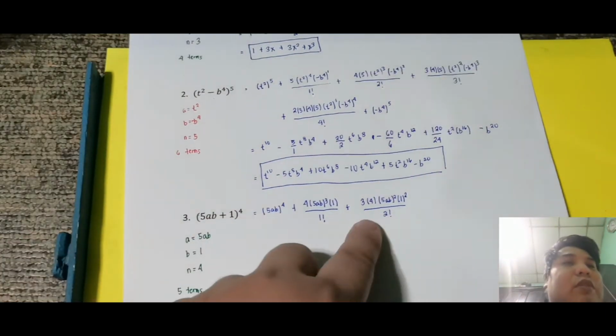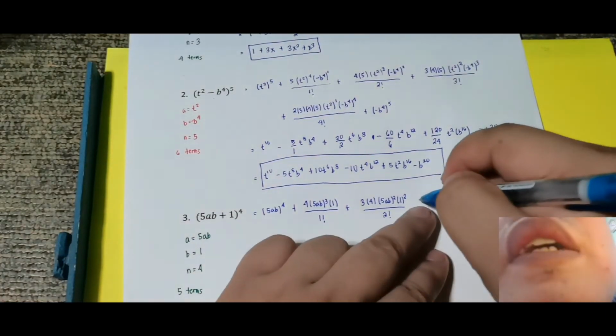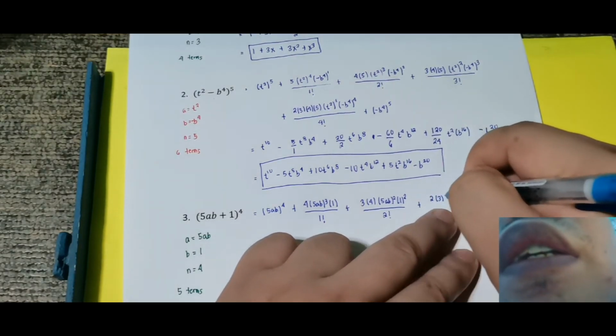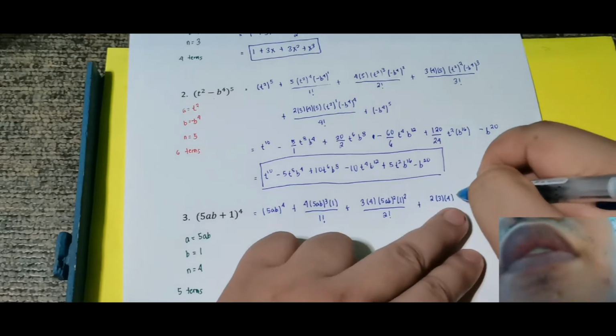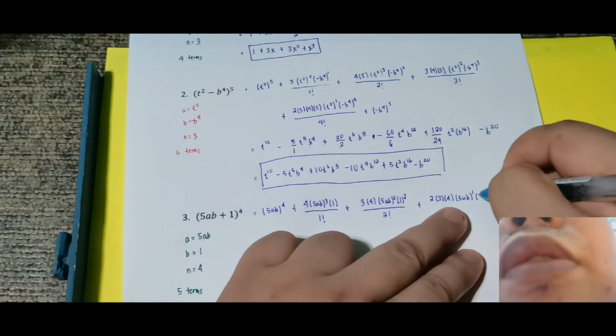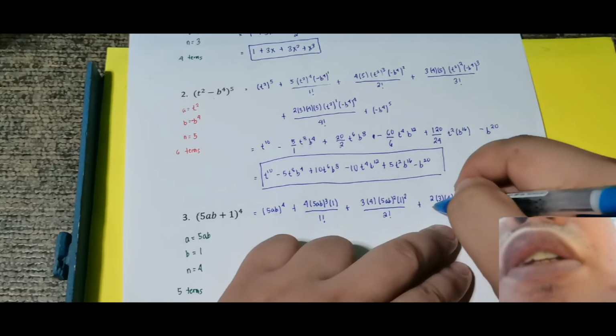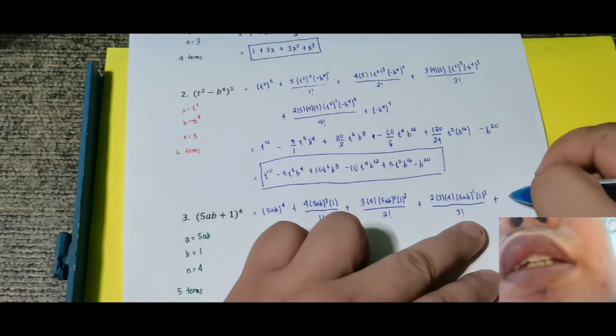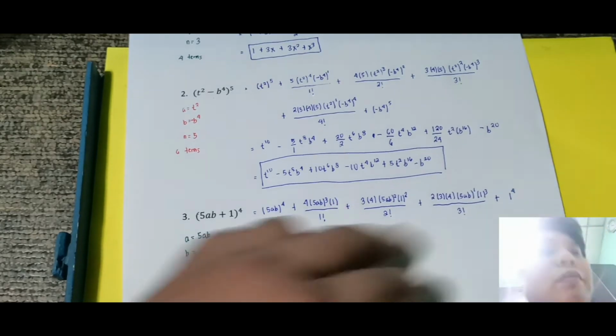Okay, so 1, 2, 3. One more, so plus 2 times 3 times 4 times 5ab raised to 1, then 1 raised to 3 all over 3 factorial, then plus this is 1 raised to 4.